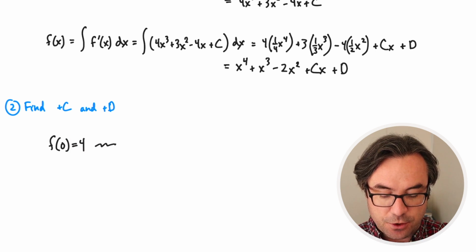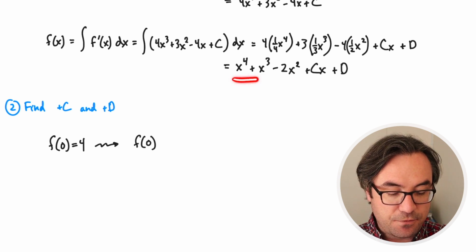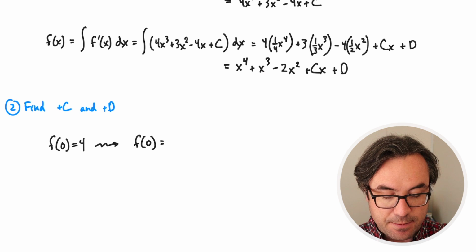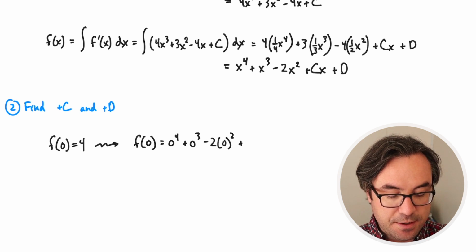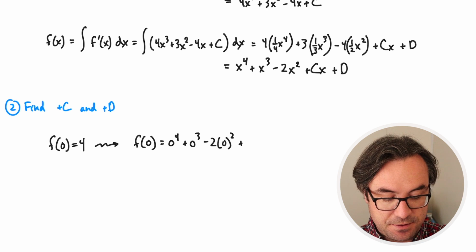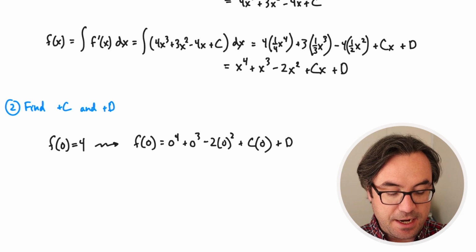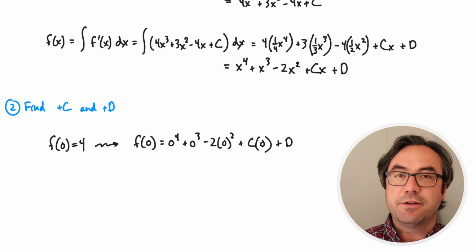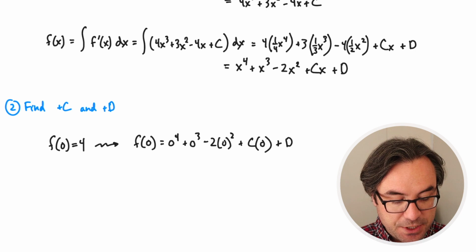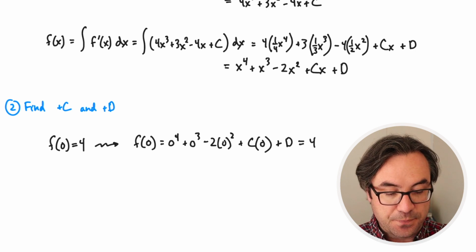So let's see the equation. When I plug 0 into our formula so far, I'm going to get 0 raised to the power 4 plus 0 cubed minus 2 times 0 squared plus c times 0 plus d. And whatever all of this ends up simplifying to, it should be equal to 4.